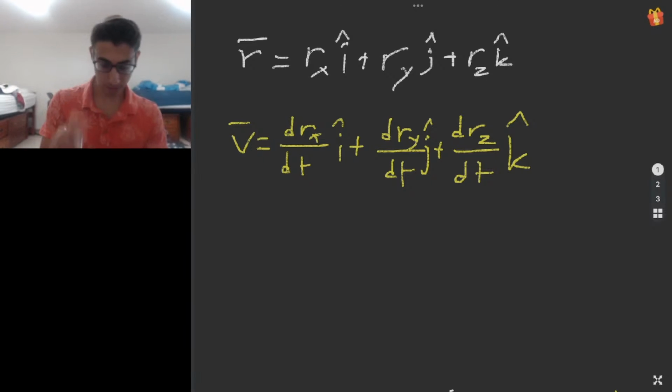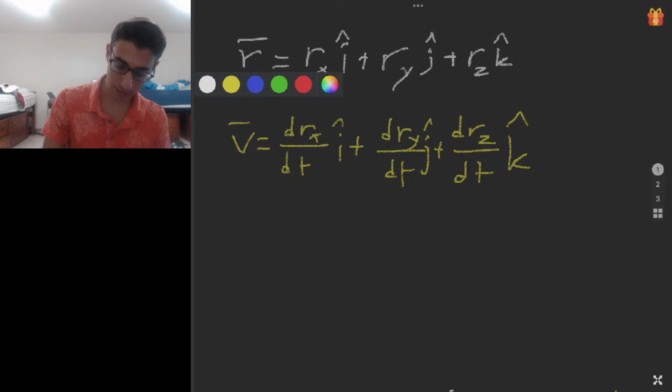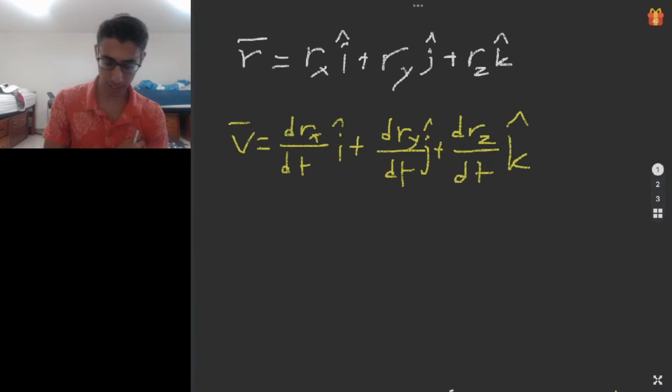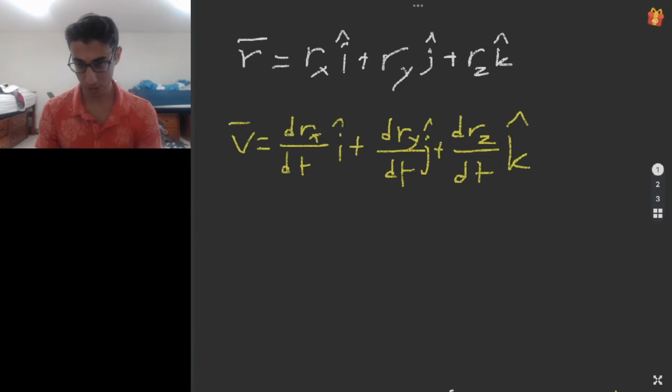Okay, so next we can also have acceleration. And acceleration, maybe we showed it in the last video, I don't remember, but acceleration is also a derivative of position. It's the double derivative of position, which also makes it the derivative of velocity.